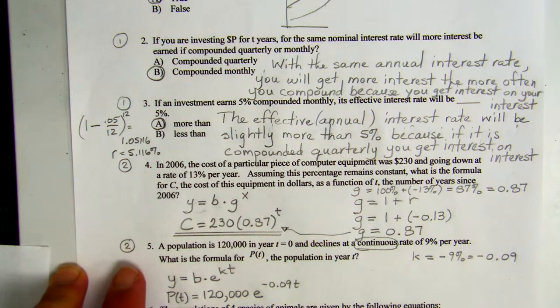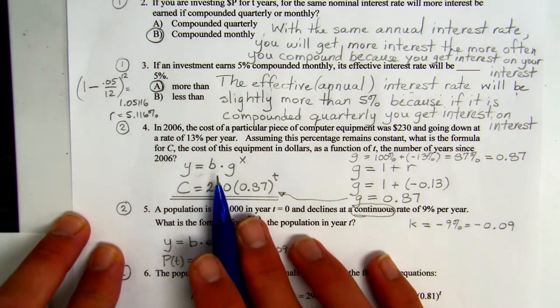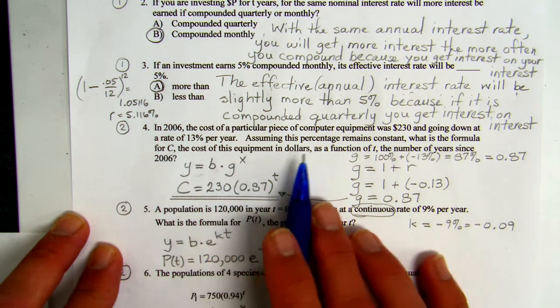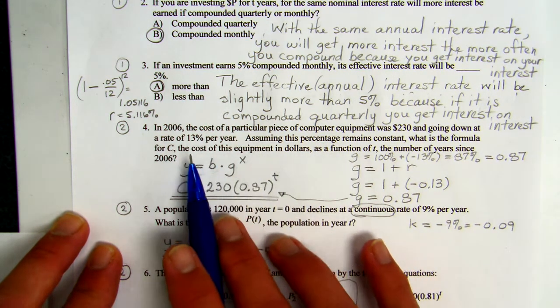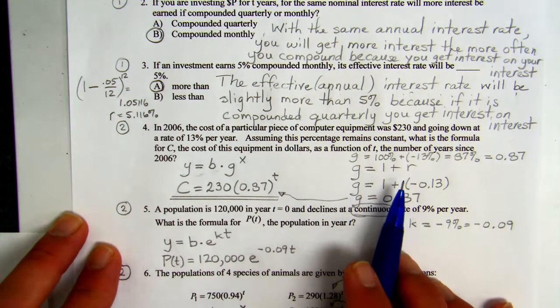For problem 4, the general form of exponential growth, this would be when it is not continuous. And if you look at it, it just says 13% per year, so this would not be continuous.